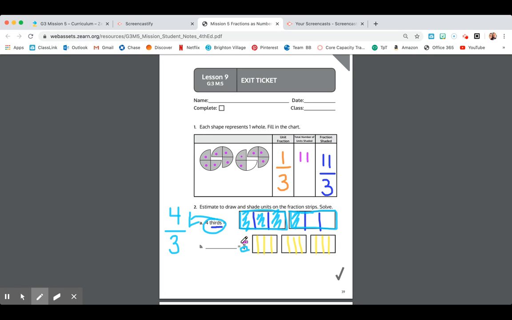Then I know that there are 10 of them. 1, 2, 3, 4, 5, 6, 7, 8, 9, 10.